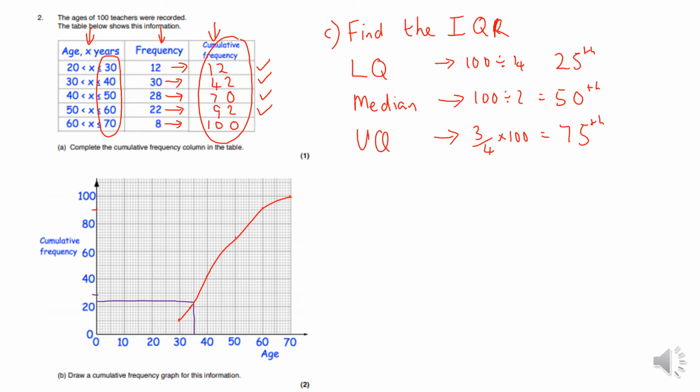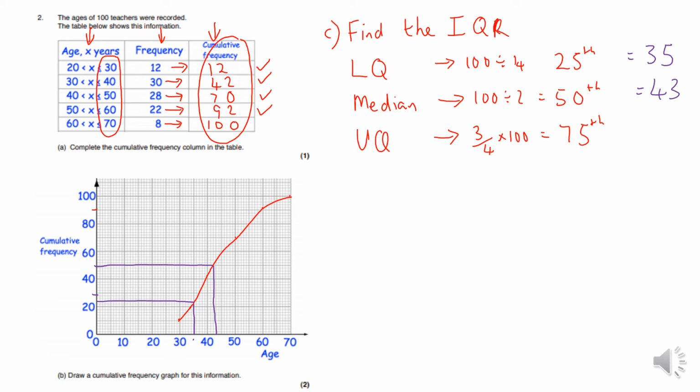For the lower quartile, I could say the age was about 35. For the median, which is the 50th value up there, you go across there, and you can go down to this, and that's going to be about 43.